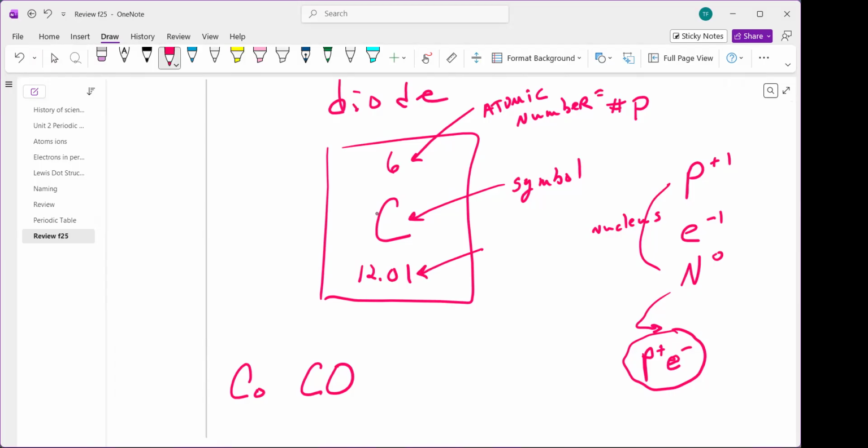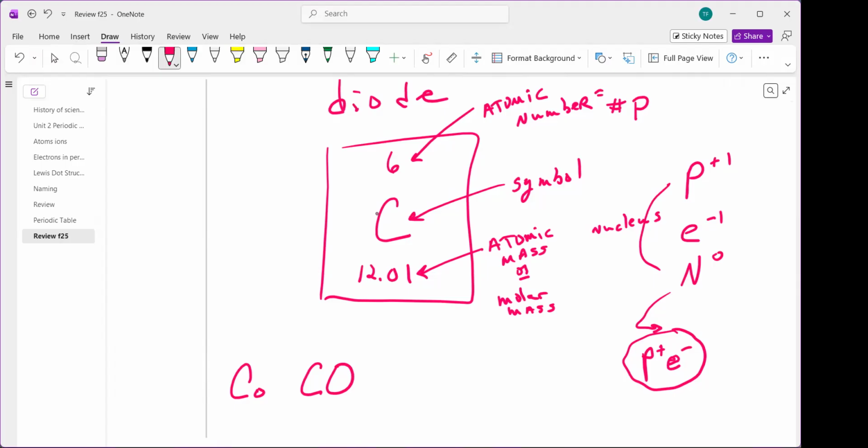Okay. Now, we're going to be using this decimal number a lot in this class. And the fancy name for it is atomic mass or molar mass. The difference between the atomic and the molar is if there's just 1 element in the formula, it's atomic mass. Like here, only carbon, just the one.